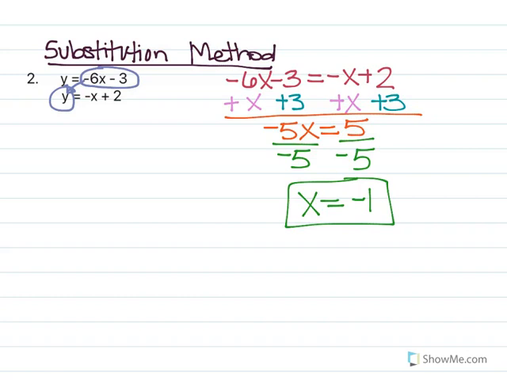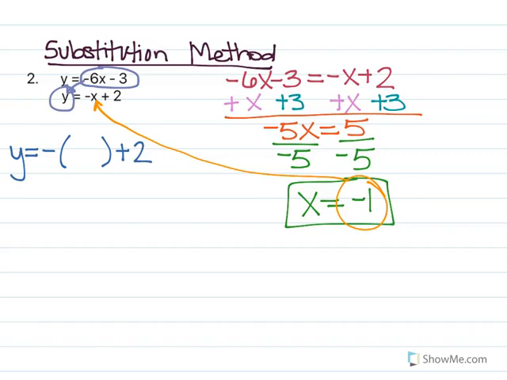Now, to find my y, I can choose either equation, whatever I find to be easier to work with. I think I'm going to choose the bottom one. And remember, I have negative 1 as an x, so I'm going to substitute that negative 1 in for x in one of the equations. And to do that, I'm going to have y equals, there was already a negative sign attached to that x, so I'm going to make sure I write that out in front.